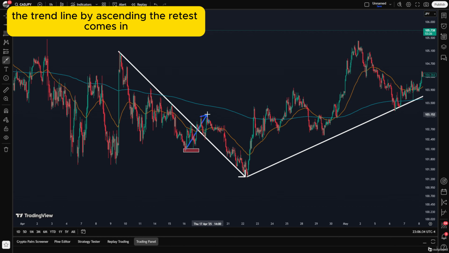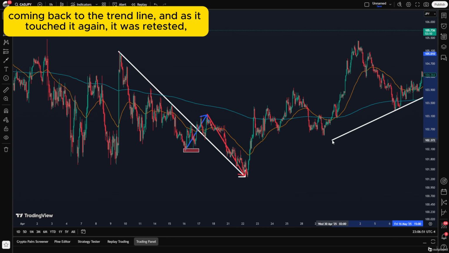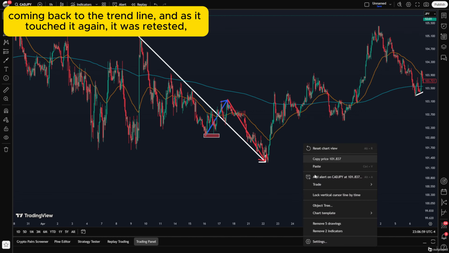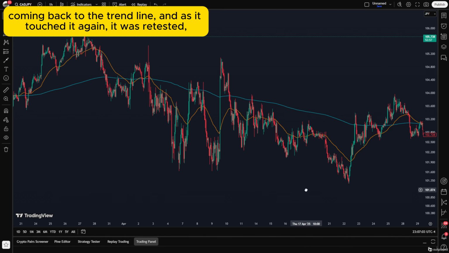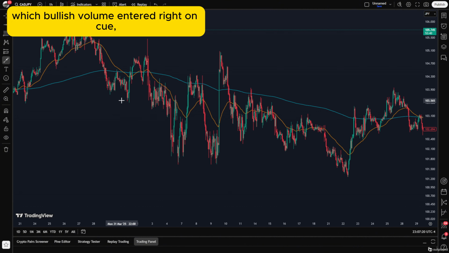The retest comes in when price descended in the same trajectory coming back to the trend line, and as it touched it again, it was retested, and the results show that this is going to be used as a support zone, which bullish volume entered right on cue.